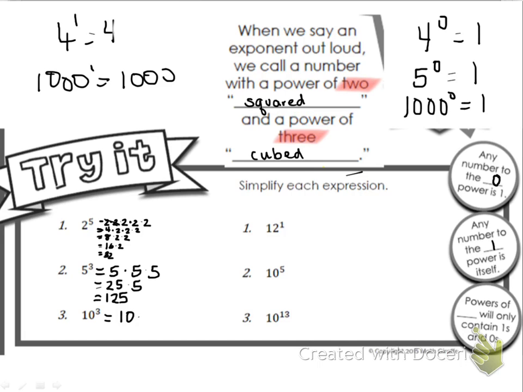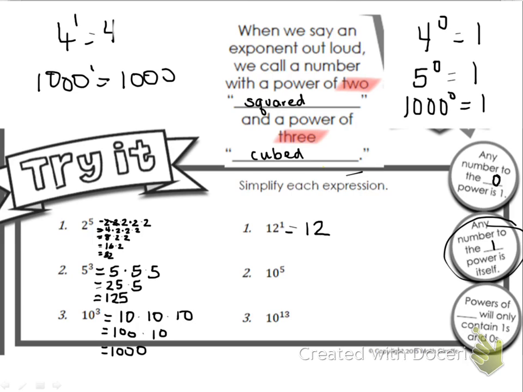That's 10 times 10 times 10. 10 times 10 is 100. 100 times 10 is 1,000. So 10 to the power of 3 is 1,000. Here we have a nice one, 12 to the power of 1. Any number to the power of 1, our rule right here, is itself. So this is just 12.